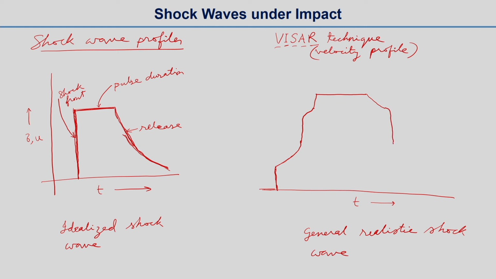It will go down and go up, something like that. So this is the elastic part, the elastic modulus, and this limit is called HEL, which we will discuss again later. This is the Hugoniot elastic limit.